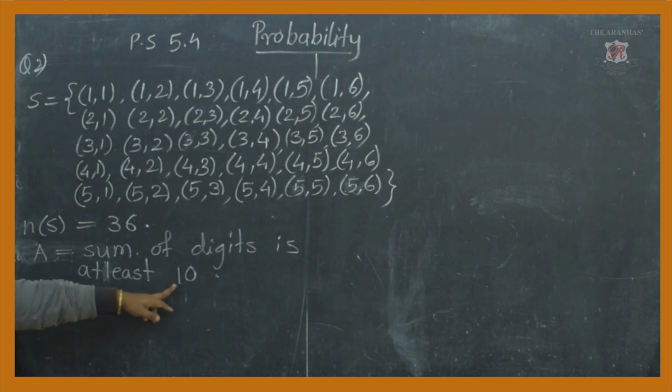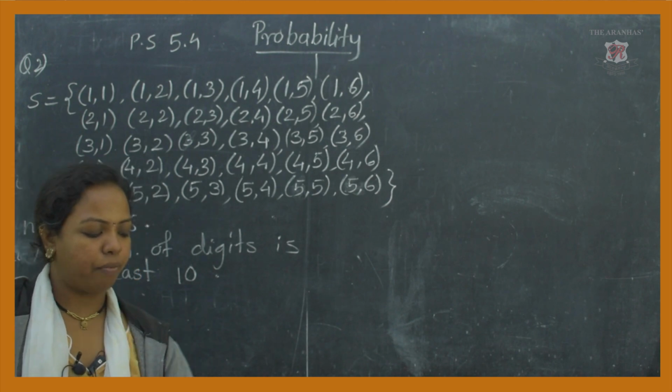Sum of digits at least 10. At least 10 means the minimum sum will be 10 and it can be more than 10. Sum of the digits on the upper faces.